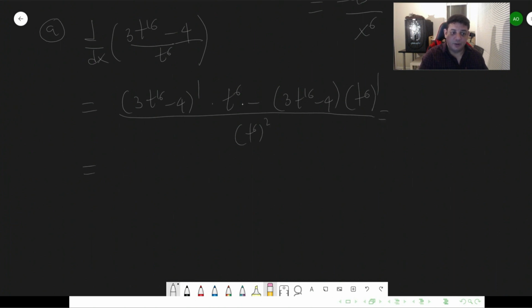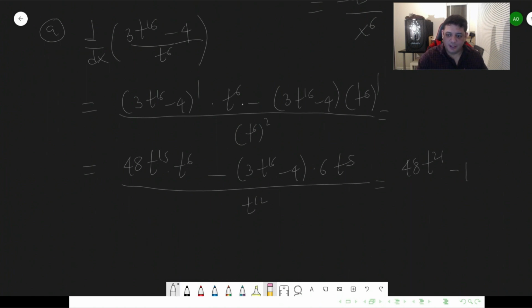And that's going to be 16 times 3, which is 48, t to the 15 times t to the 6 minus 3t to the 16 minus 4 times 6t to the 5 over t to the 12. And so that's 48 t to the 21 over here. And this minus 3, well, 3 and 6 is 18.